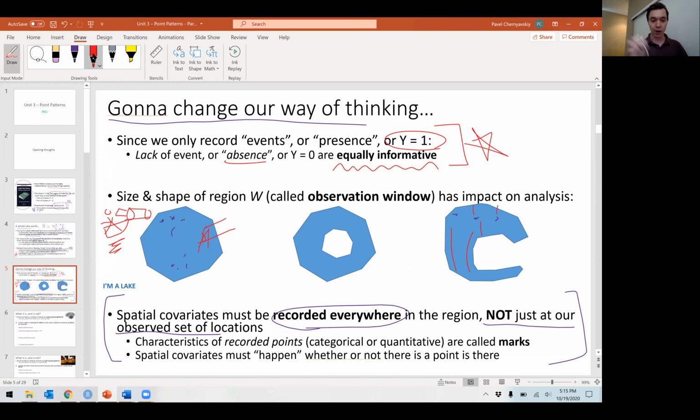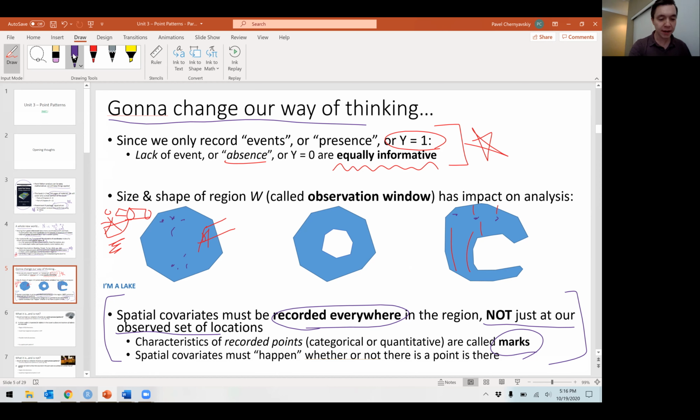But what you actually observe for each fish, things like weight, the sex of each fish, whether the fish is diseased or not, live fish and dead fish, are actually called marks. And what you are recording about your space, about your observation window, are called spatial covariates.